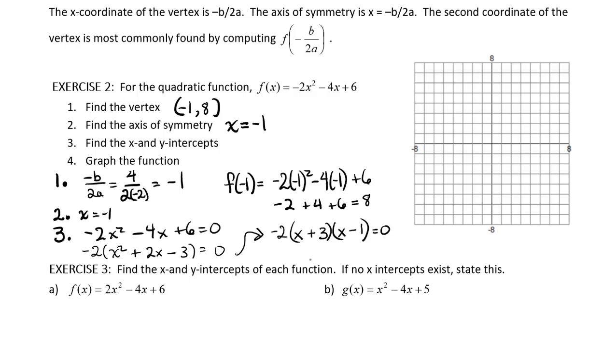And now I can see that my two intercepts will be at x equals 1 and x equals negative 3. And my y-intercept is simply when all the x's equal 0, and I see that my y-intercept will be at 6.